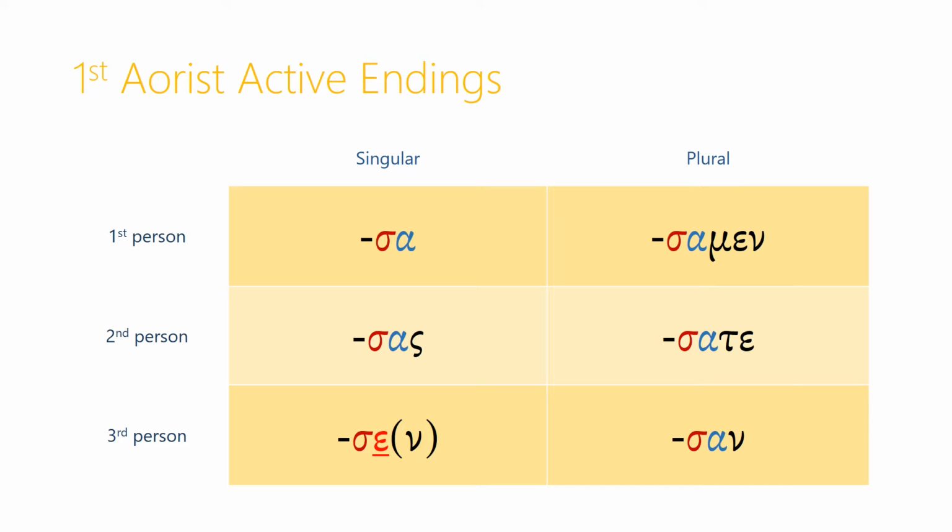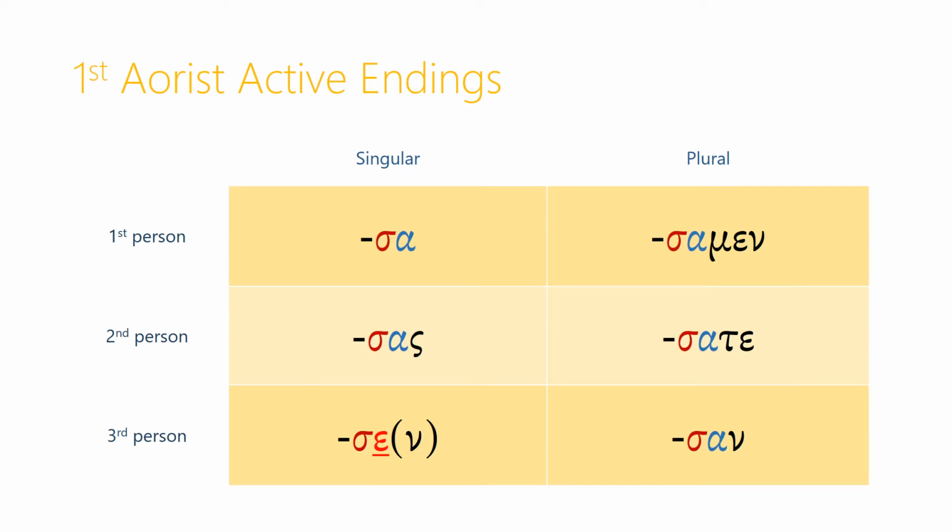Well, in the first person singular, we have sa. In the second person singular, sas, the sigma there. In the third person singular, se, or sen. And this is the one place, the third person singular, where the alpha connecting vowel becomes an epsilon.